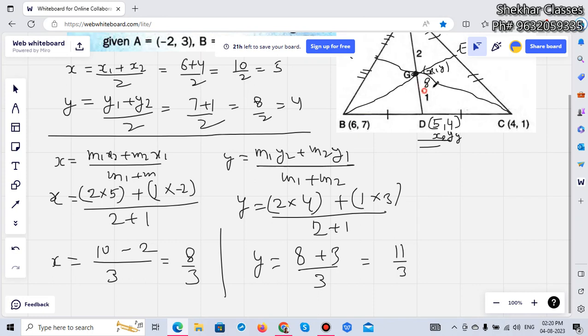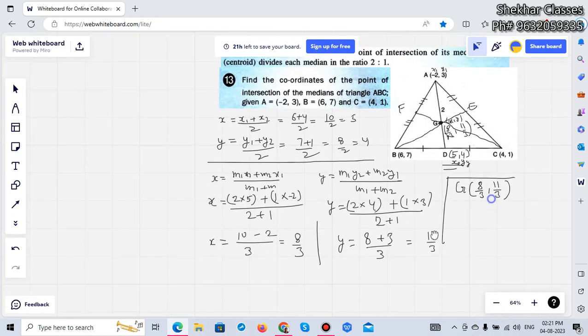That is 8 upon 3 and 11 upon 3. So the G coordinate is 8 upon 3 as x and 11 upon 3 as y. So this is how we have to solve it here.